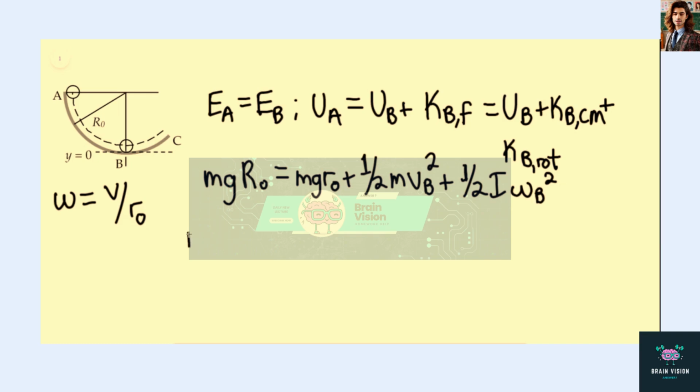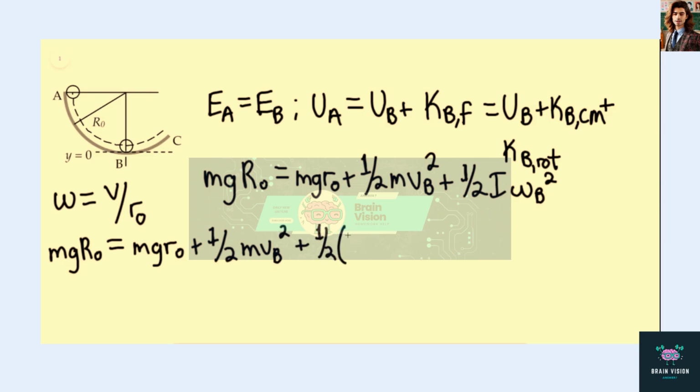And so we can then say mgR equals mgr plus 1/2 m v_b squared plus 1/2 times the moment of inertia of a sphere, 2/5 m r squared.